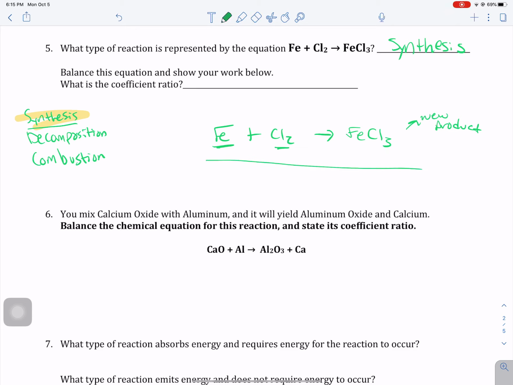So we have set up our wrap. We have reactants on one side, products on the other. We have iron and chlorine. We have 1 iron here, 1 iron here, 2 chlorine here, 3 chlorine here. Remember, your job is to get an even number on each side, or one that they both can equal out to.